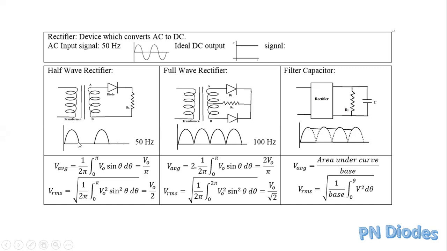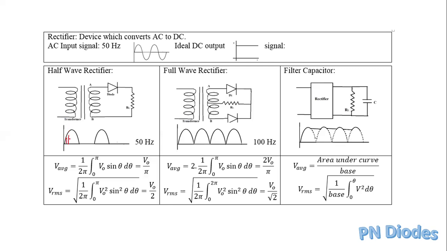Coming back to the question, what they are saying here is that in the half wave rectifier there is no filter, which means the output is going to be like this. So the V average is the area under this curve. Let me use my pens here. Look at this carefully.